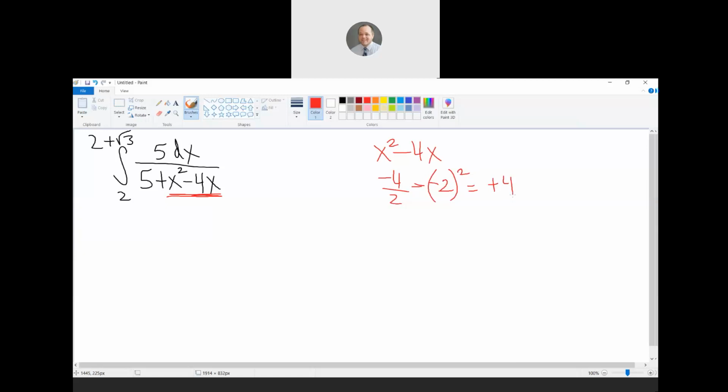So now our binomial is squared completely. So we can rename it right now as x squared minus 4x plus 4. Now, before I forget, let me come back over here and do a few things. Let me move this 5 out to the front.